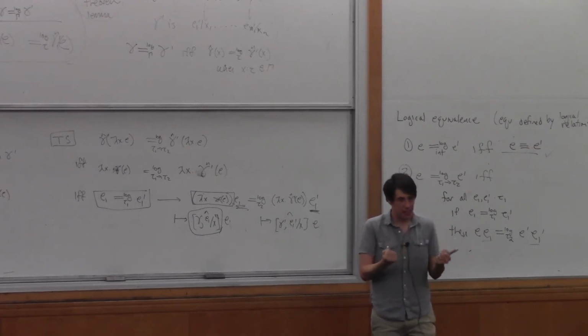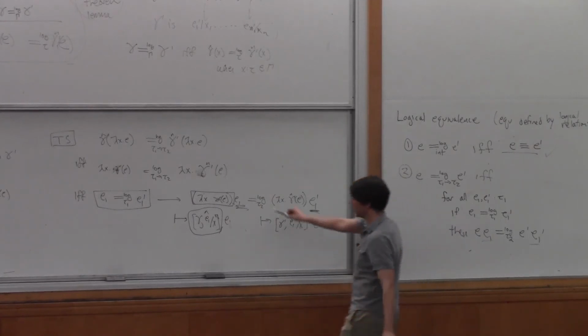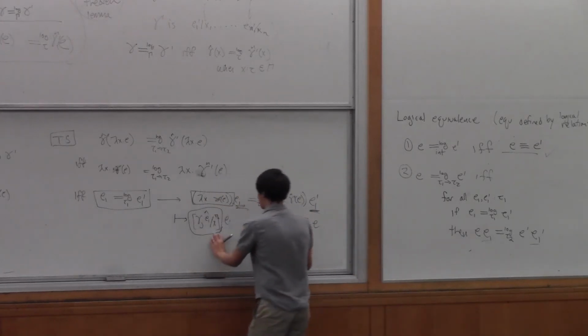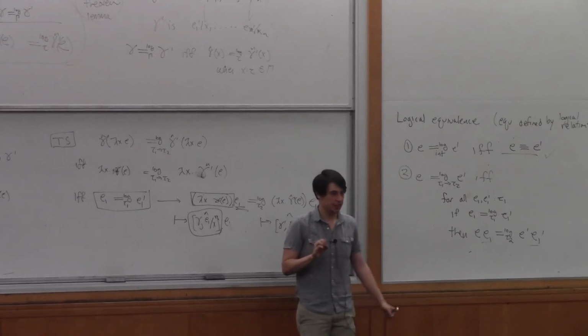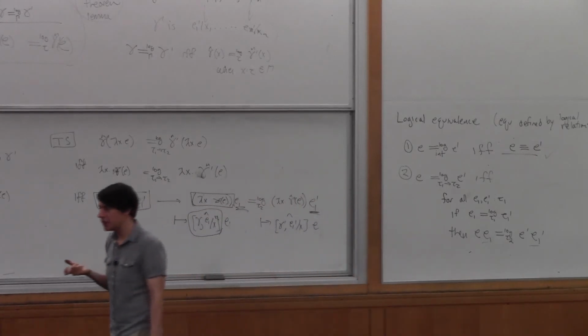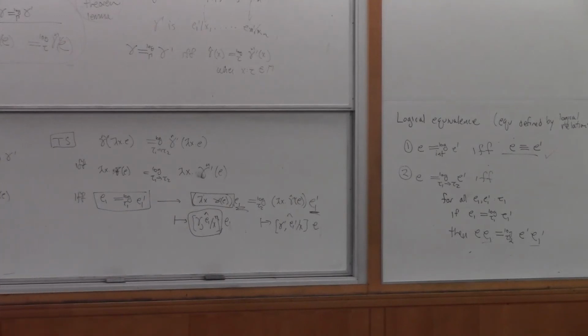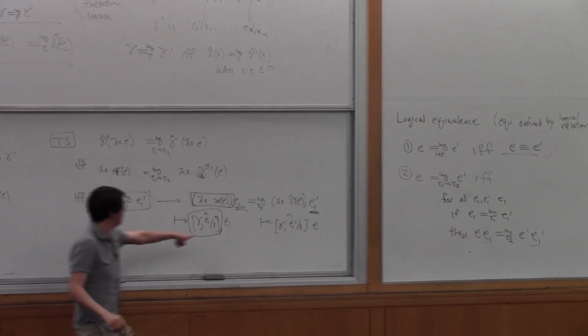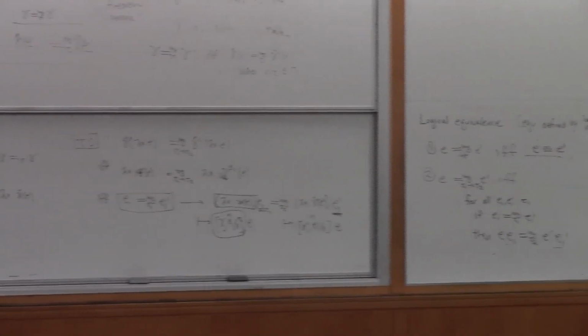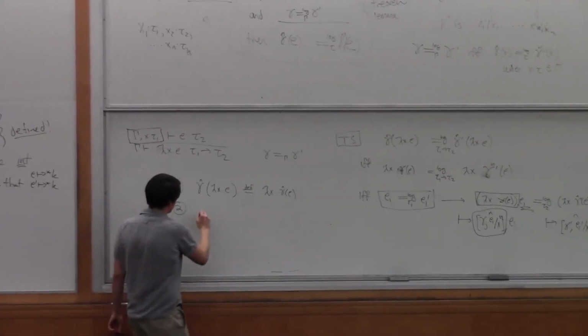So by execution, what we get down to is that we need to know, therefore, that these two things are equal. But lo and behold, what do we have? We have a program E with those free variables.